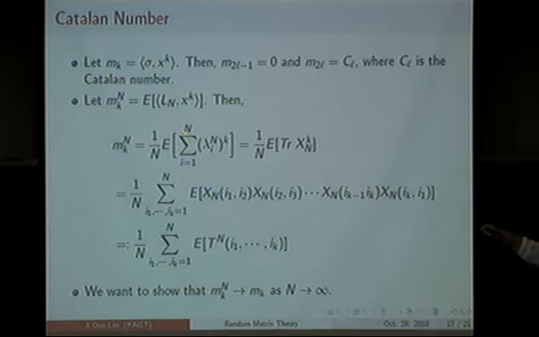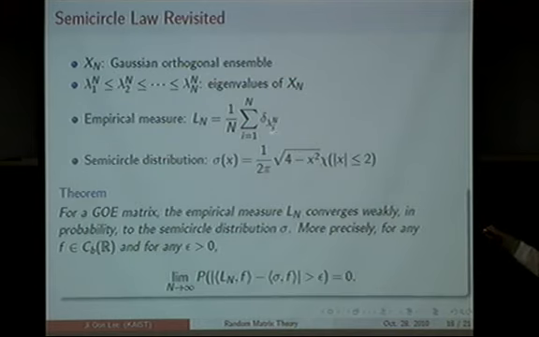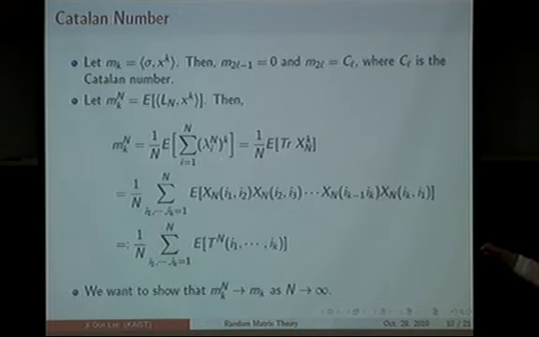For this part, we just consider the expectation of this L_n applied to x to the k. Then, well, we have 1 over n, because it has 1 over n here, and we have this delta. So this delta just gives this lambda_i, the eigenvalue.